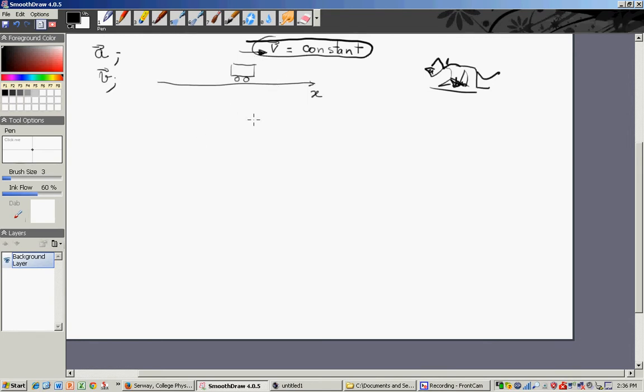So when the driver changes the state of motion, which means attempts to go from 65 miles per hour in the forward direction to 0 miles per hour, you really want to stop. So the driver has to do something in the car for that to happen.